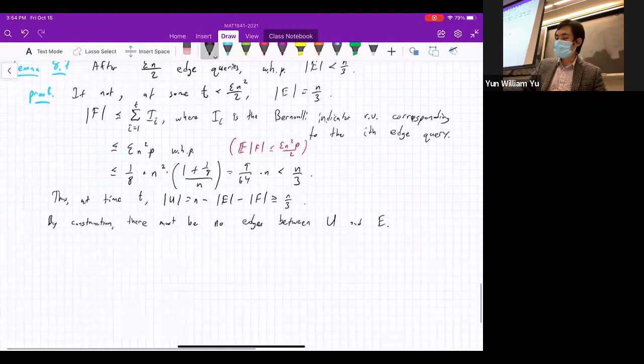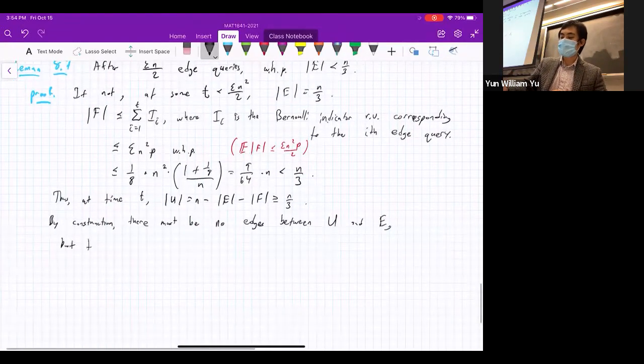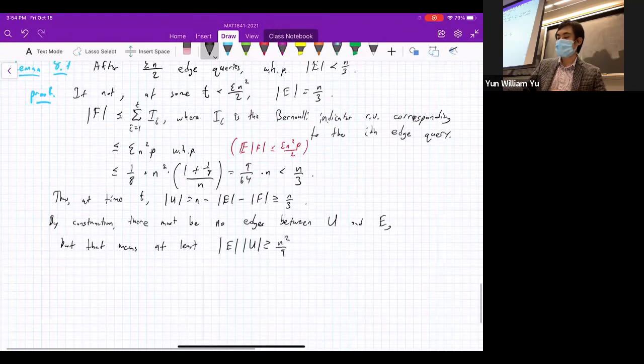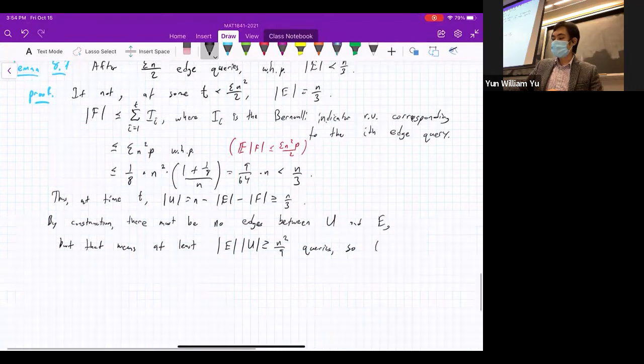But that means at least E times U, which is greater than n squared over 9 queries, because in order to know that there are no edges, you had to have done those queries. So that means that T is greater than or equal to n squared over 9.